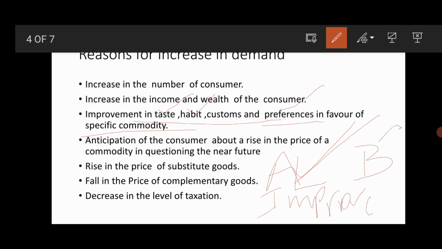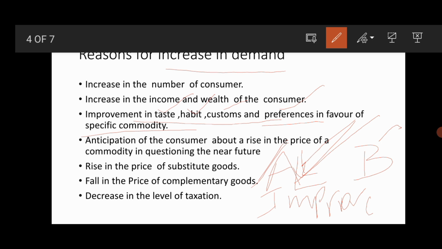This is one of the reasons for increase in demand. Even customs or traditions are one of the reasons which will increase the demand. If this commodity is as per their traditions or culture, then people will purchase this product.